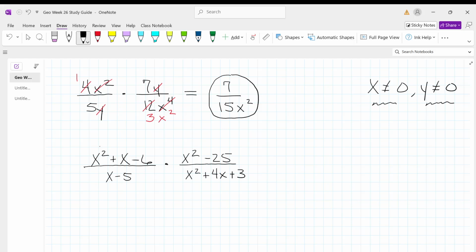All right, so your next step would be to factor everything and write it in simplest form. So x squared plus x minus 6 factors to x plus 3 times x minus 2.